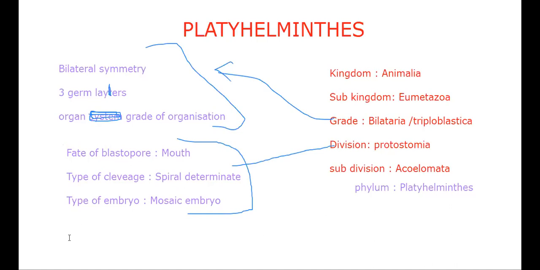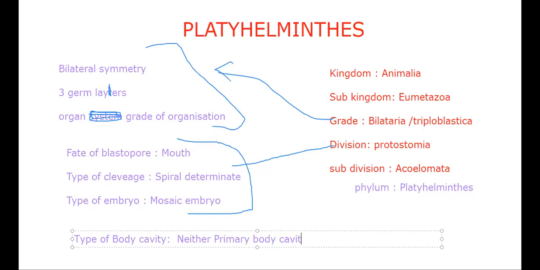Now, the type of body cavity: neither primary nor secondary body cavity. Very good. Absence of both primary body cavity and secondary body cavity. We call it acoelom. That means there is no cavity.